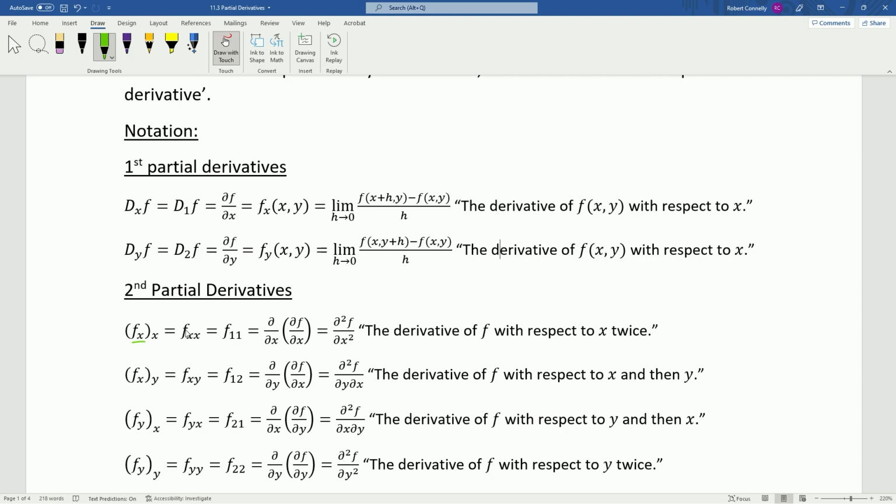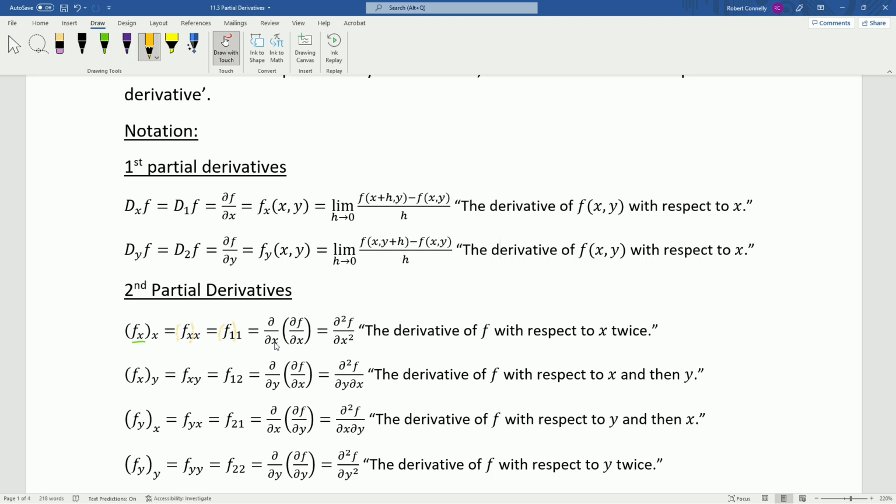So this is the partial derivative of f with respect to x twice. Now, it's important to keep in mind this parentheses here is implicit in this notation. So in this notation, the variable closest to f is the derivative we're taking first. And same thing here, f sub 1.